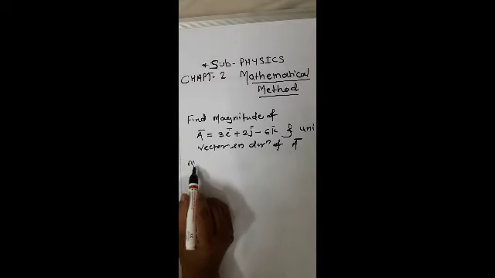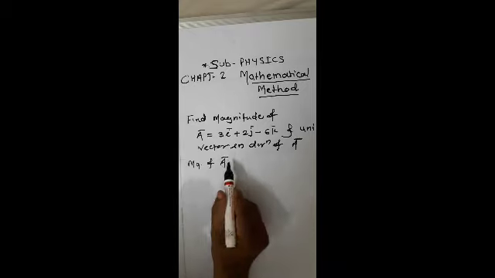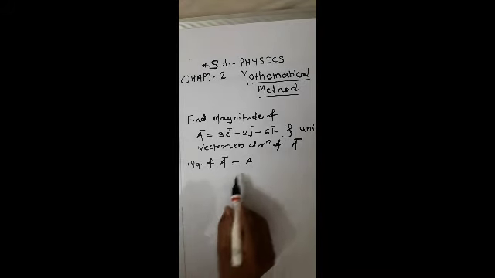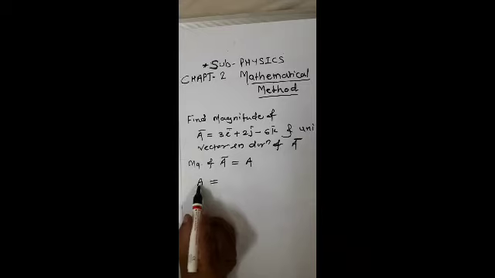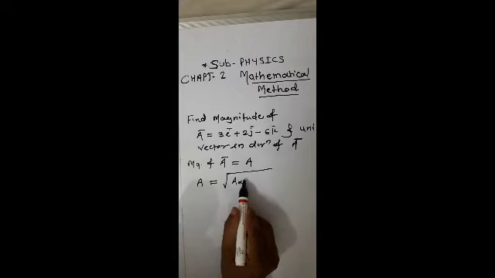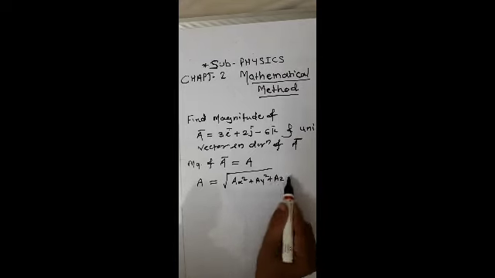First, the magnitude of vector a bar is nothing but only a. Now we have to find this a, that means the magnitude of vector a bar, which is equal to a. For that purpose you have to use the formula: the square root of ax square plus ay square plus az square.